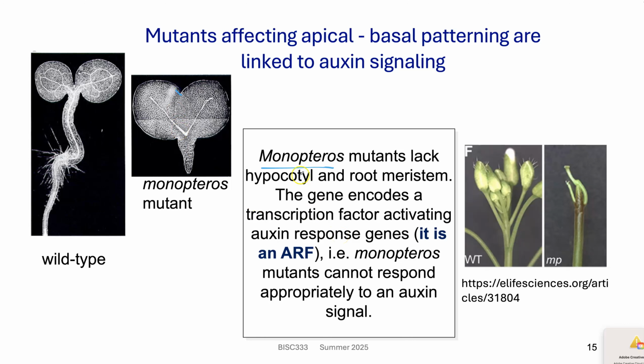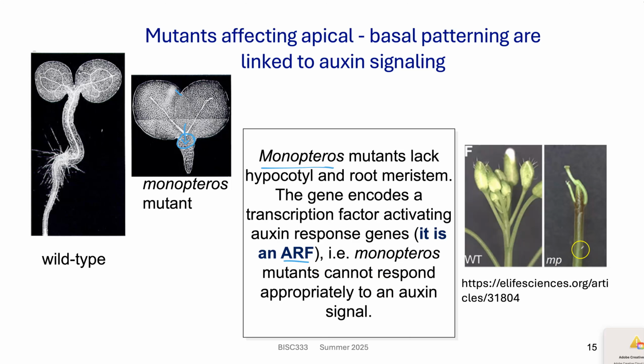And basically, they don't have any hypocotyl. They don't have any root meristem or anything like that. And that is because the embryos haven't got the ability to respond to auxin transported to that region. And so it's an auxin response factor.